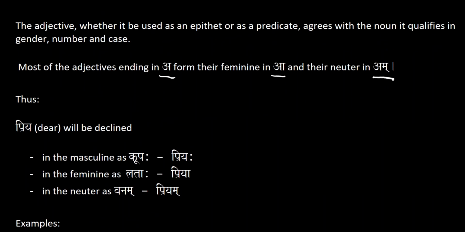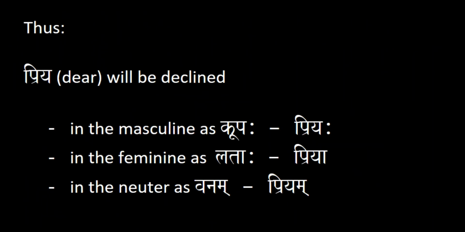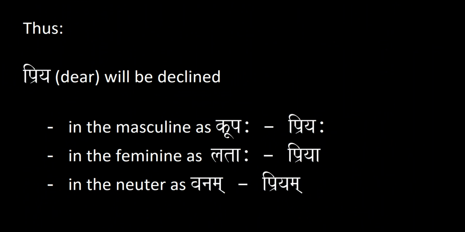For example, the first adjective we're going to learn about is priya. Priya means dear in Sanskrit. If this type of adjective has to agree with a noun in the masculine, then priya is going to have to be declined like kupaha.